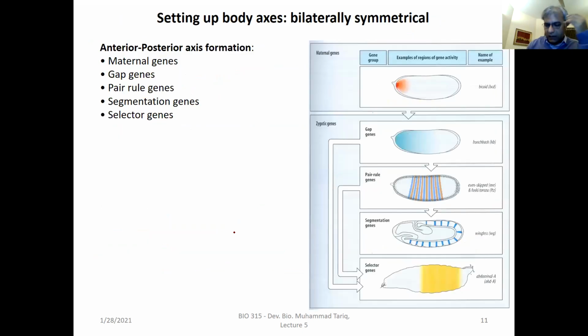Now let's look at the anterior-posterior body axis formation in fruit flies. As I told you, the oocyte or egg cell comes in with partially defined body axes, or its oocyte axes are already defined, which lay down the foundation for embryonic anterior posterior axis formation.